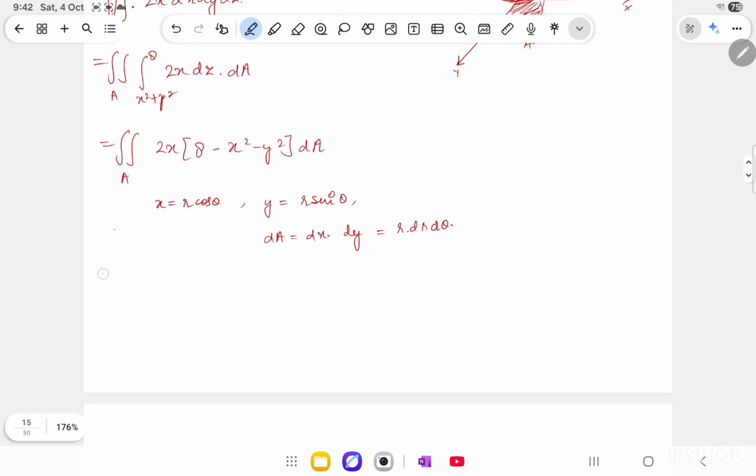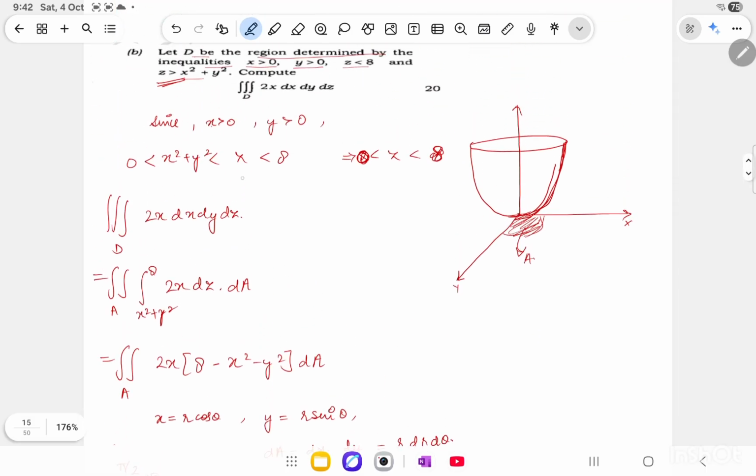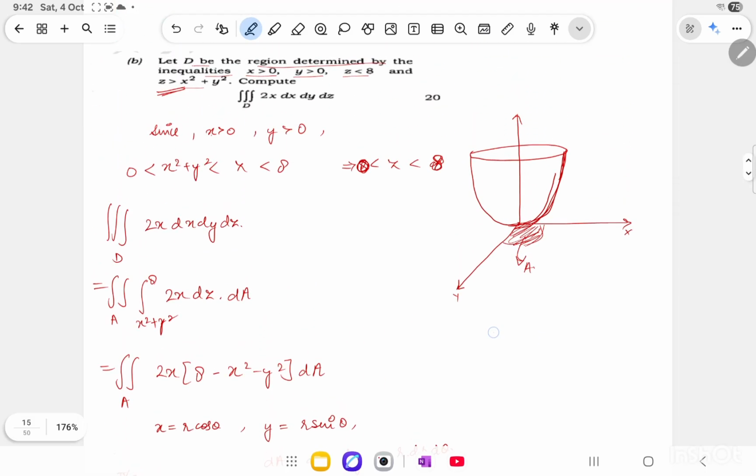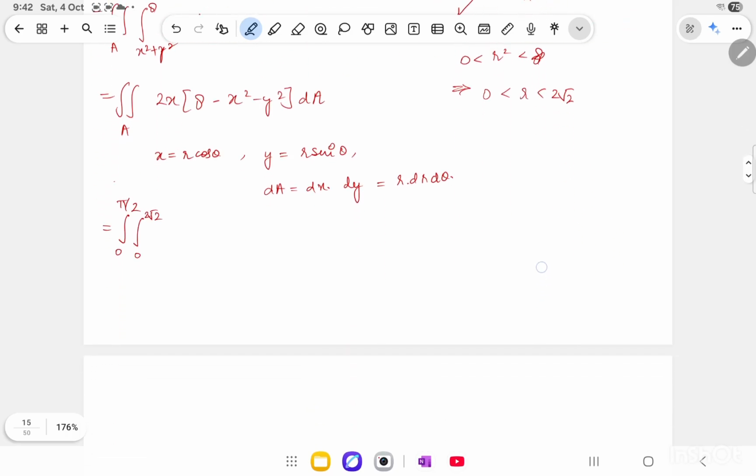Now it will equal the integration where r varies from 0 to 2 root 2 and theta varies from 0 to pi by 2, because we are in the first quadrant. From here we have seen that r square lies between 0 and 8, so r lies between 0 and 2 root 2, and since we are in the first quadrant only, theta varies from 0 to pi by 2.